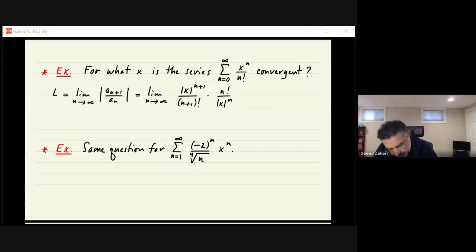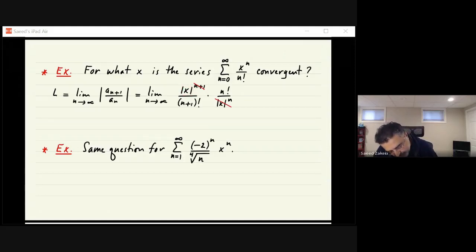And now look at the cancellation that you have here. Absolute value of x to the nth power and absolute value of x to the n plus first power cancel out and they leave only one absolute value of x on the top.